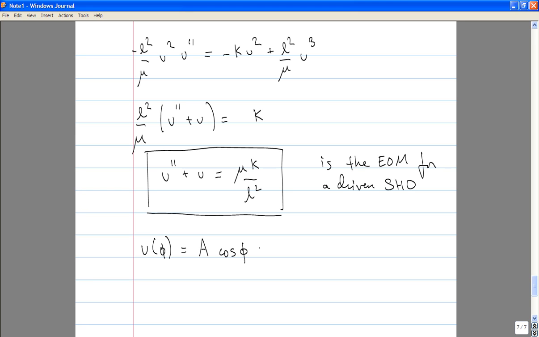Even I can find a particular solution to that equation of motion. It's just u equal to mu k over L squared. No derivatives. It's constant, so u is equal to mu k over L squared. So let's rewrite that as mu k over L squared times 1 plus epsilon cosine phi, just to make everything look a little prettier.